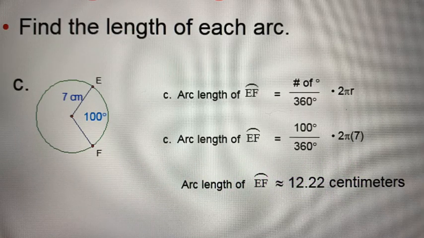Okay, now see, my degree of my arc is bigger, but my radius is 7 centimeters. So my circumference is the same as it was before, but this time my degree is bigger, and I still am going to get a different number. And this time it's about 12.22 centimeters.